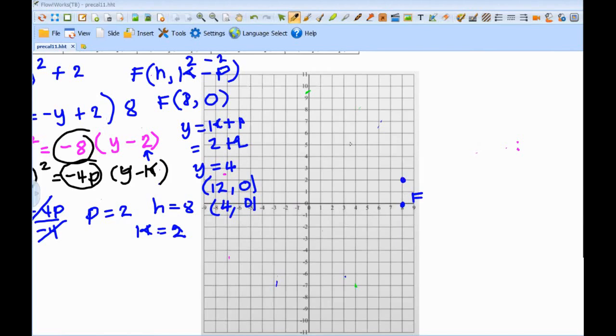And then our latus rectum endpoints: 12, 0 and 4, 0. 9, 10, 11, so it's over here. And our directrix is at 4. It's here, 4. This is our directrix.